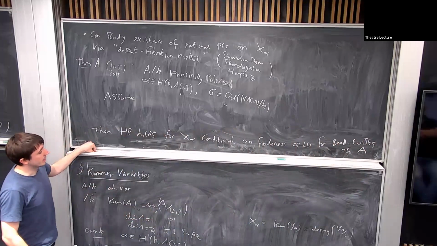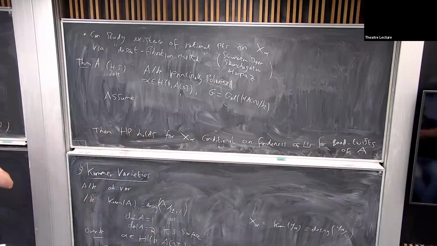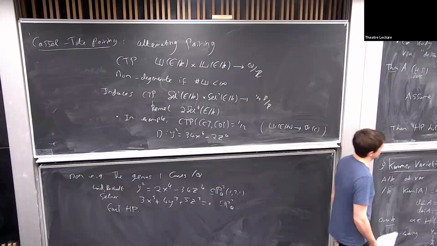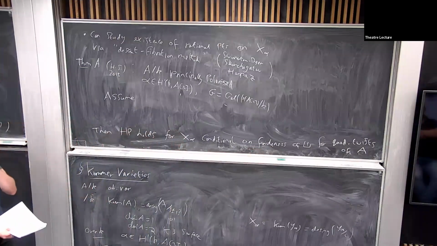Which, okay, maybe is somewhat reasonable, because to get a grip on the obstructions to the Hasse principle for genus 1 curves already, you need some finiteness of auxiliary Shafarevich-Tate groups.